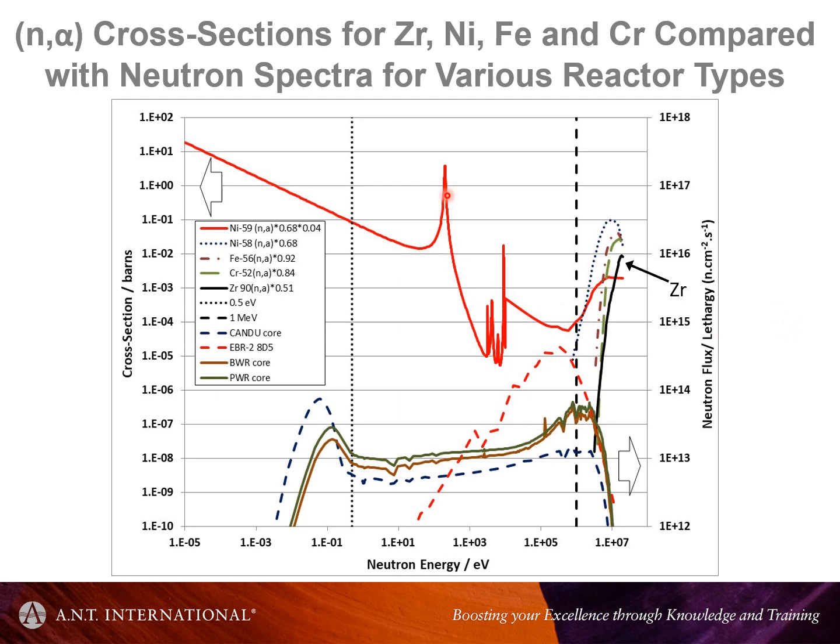And just for completeness, I put here the cross-section for nickel-59 that I mentioned earlier. And as you can see, once you generate nickel-59, the cross-section for helium production is extremely high for nickel now compared with other elements.